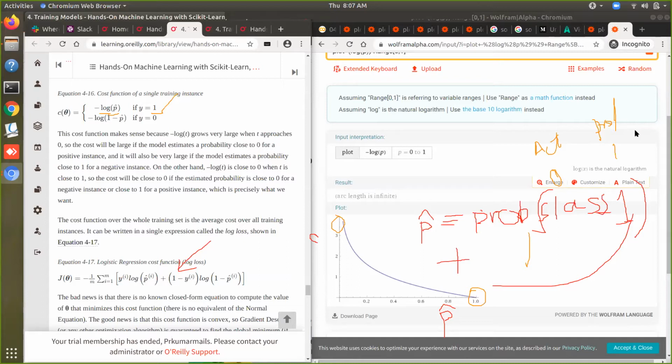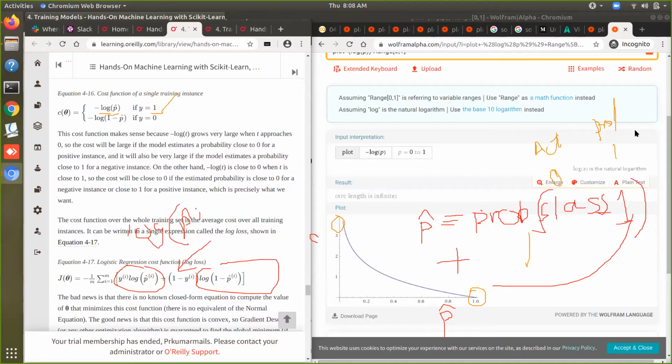If y equals 1, you select this term, and if y equals 0, you select this term. And so you're always going to have a sum of a bunch of terms that look like this, log p of i.